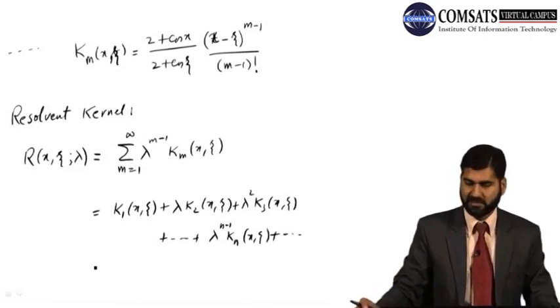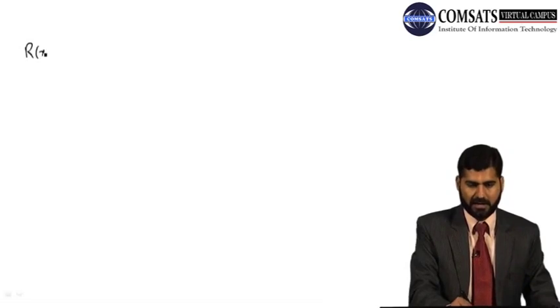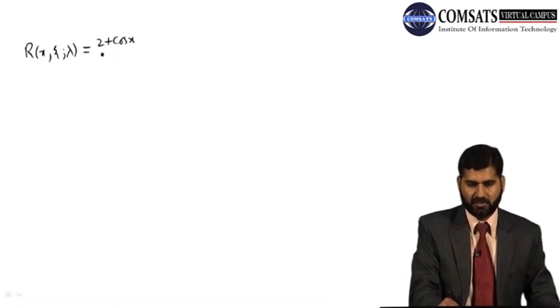So by replacing the values, you can see R(x, xi; lambda) is nothing but 2 plus cosine x over 2 plus cosine xi.